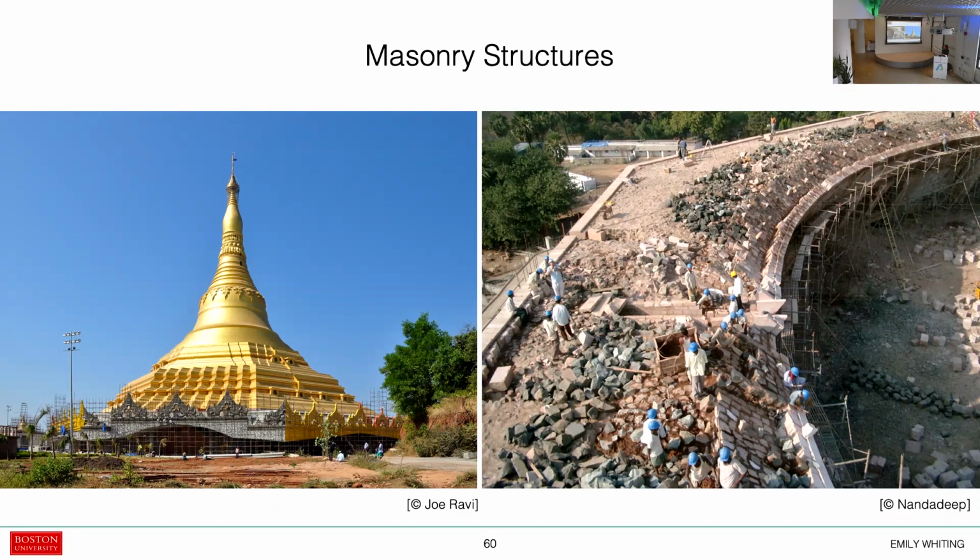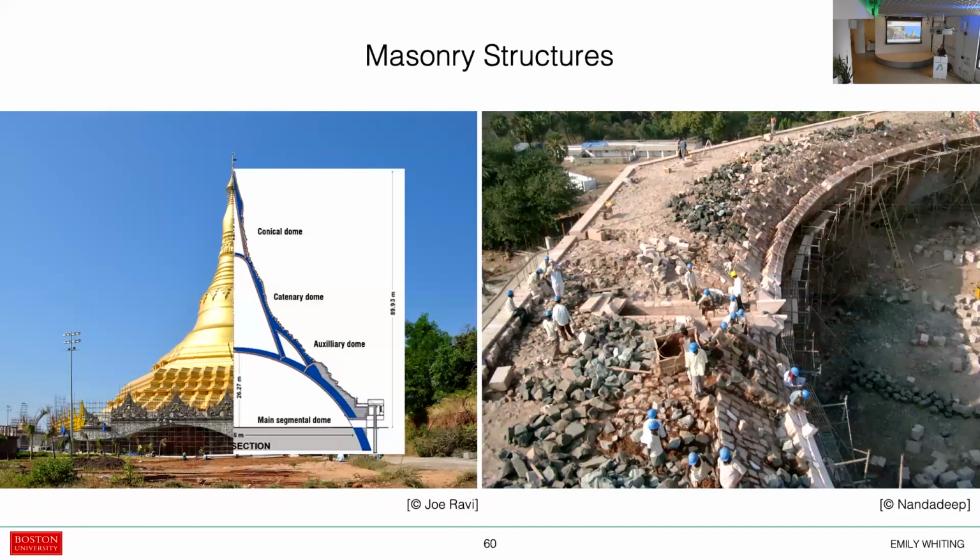This is actually a modern example. This is from 2009, a pagoda in Mumbai, which is an example of an enormous span that was achieved purely by masonry blocks. So this is 90 meters high, spanning 85 meters in the interior domes, using just blocks. So no additional supports, for example, from a steel truss.